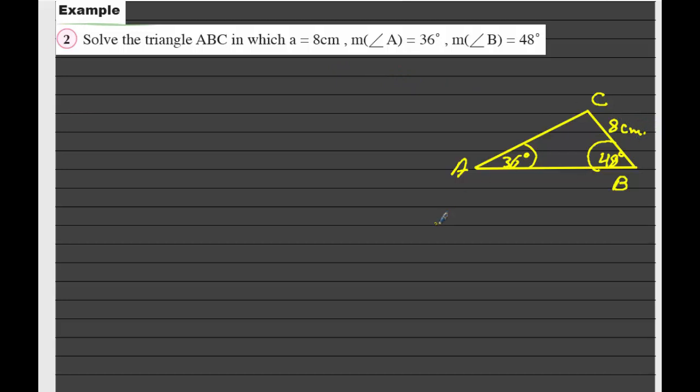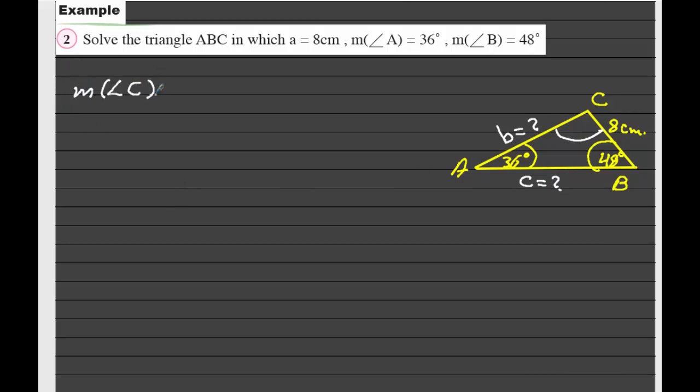It is A. Okay, so what is required here is to calculate the length of AC denoted by the symbol B, the length of AB denoted by the symbol C, and the measure of angle C.